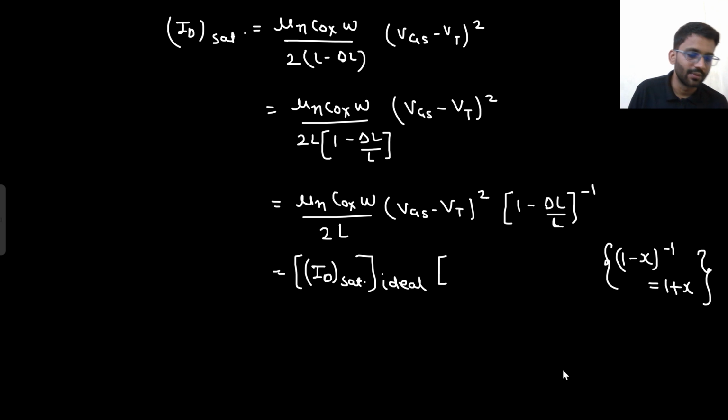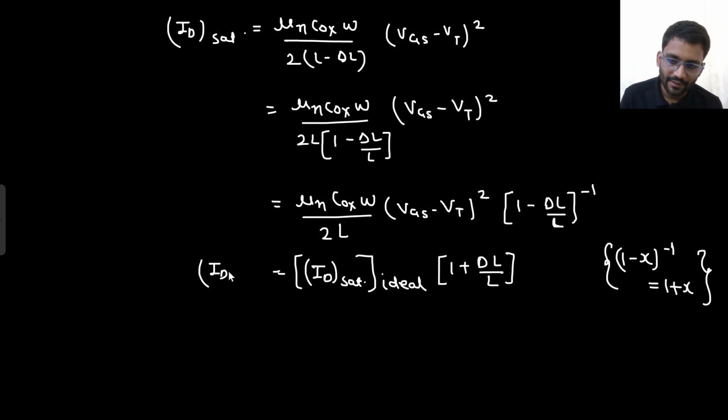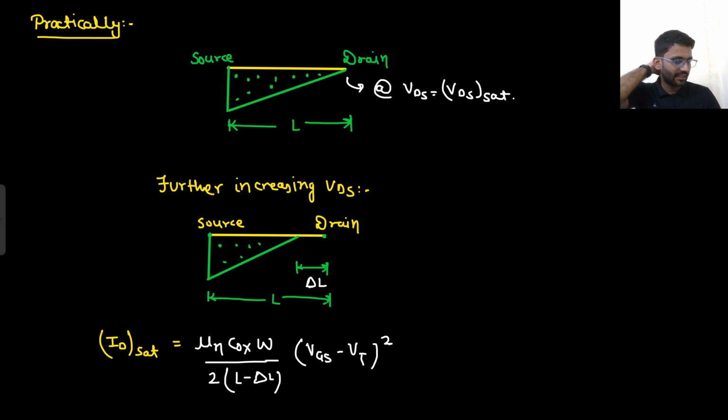If x is very low, it can be approximated to 1 plus x. So similarly, you can do that for delta L by L. So I am getting ID sat when there is channel length modulation. Why is it called channel length modulation? Because here the channel length is getting changed.